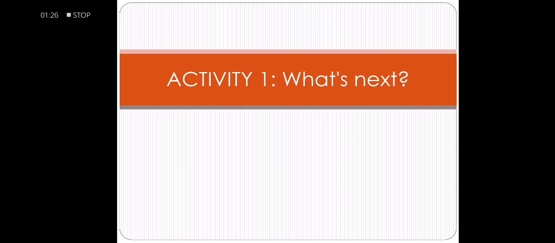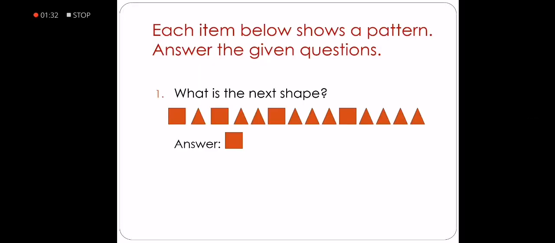Okay, so the first activity is what we called activity 1, what's next. Okay, so meron tayong mga series of patterns dito, mga progression wherein all we have to do is to determine what's next. So each item below shows a pattern. Answer the given question. So what's the next shape?